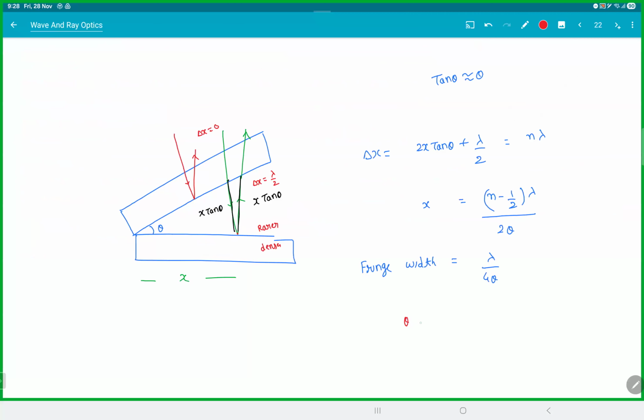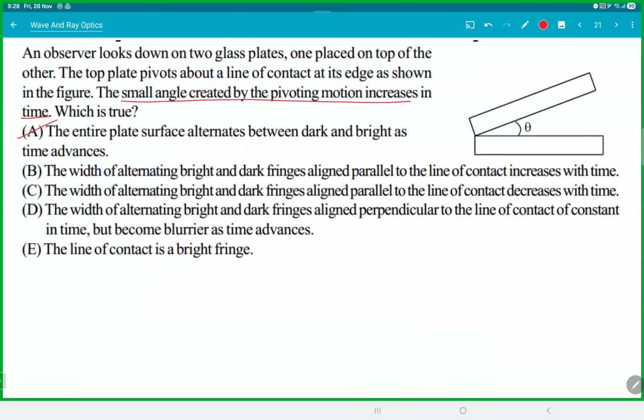Here theta is increasing. The width will decrease actually. So B is wrong. The width of the alternating fringe perpendicular to the line of contact decreases with time. That is right. Aligned perpendicular to the line of contact, constant in time but becomes blur? No, it'll just keep increasing.